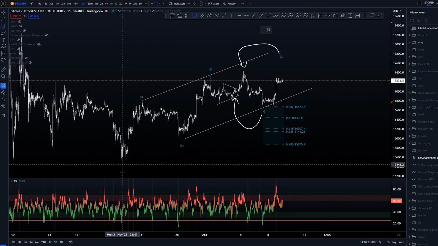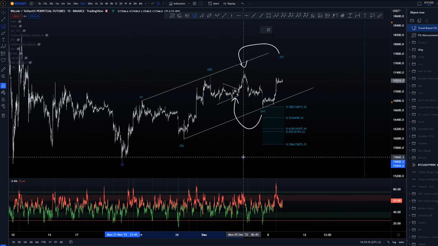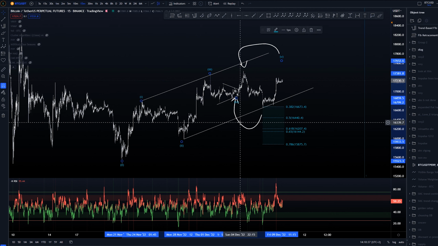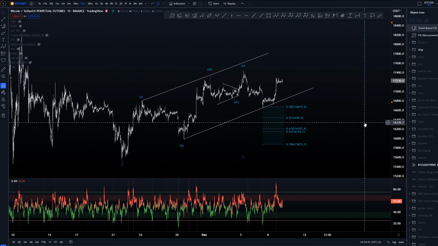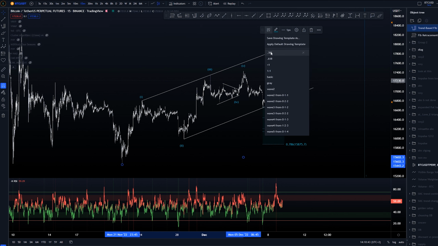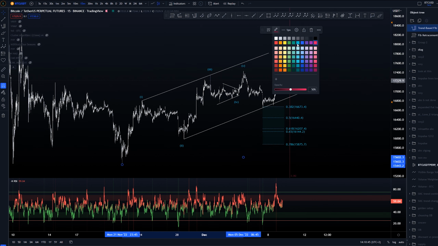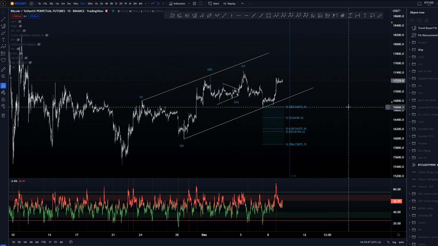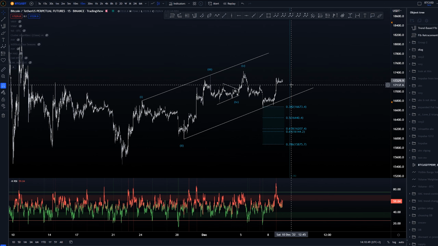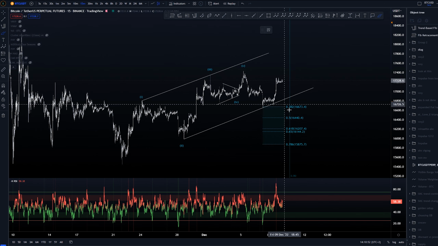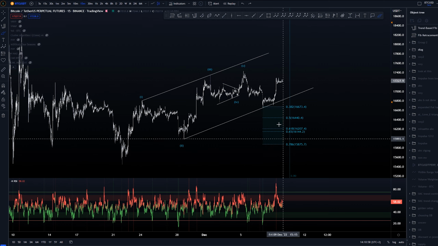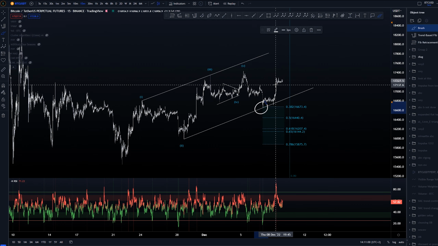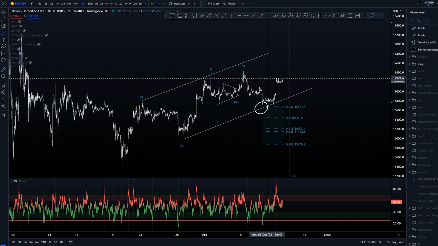So if we are comparing this whole thing against this potential structure over here, let me just fix this up, using the 38.2, which I hold as basically a minimum amount of any kind of three-way correction. So I would have hoped to see this being hit, and that would be only at Saturday the 10th. So I don't think that this is enough of a retracement for this move.